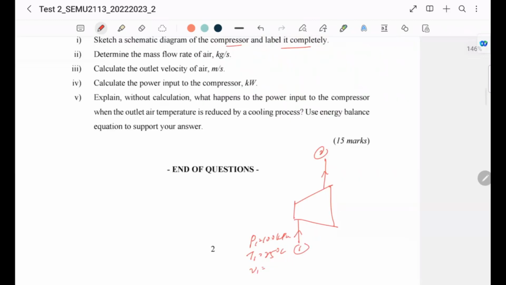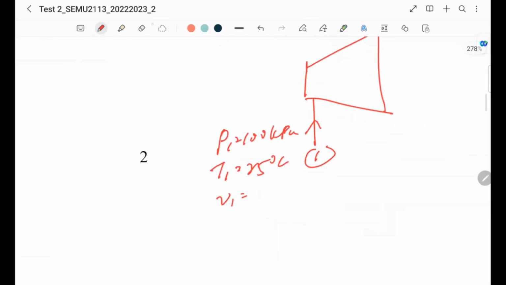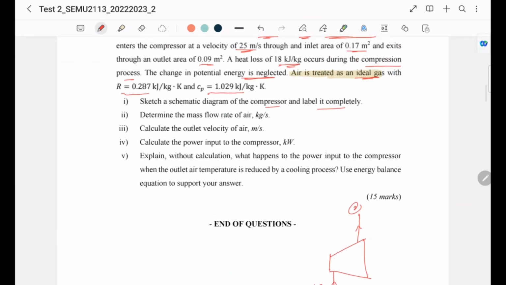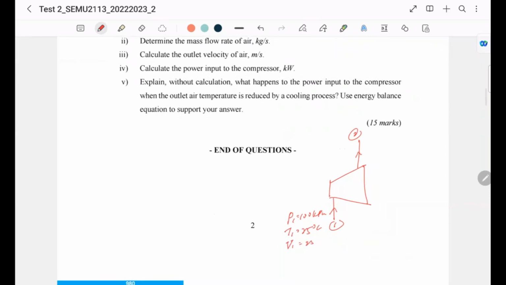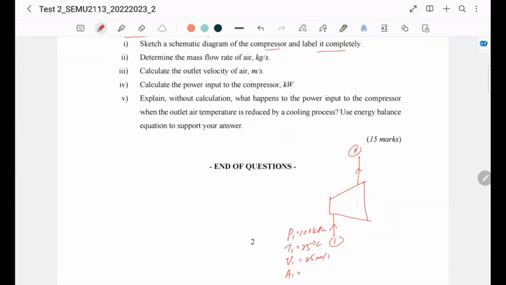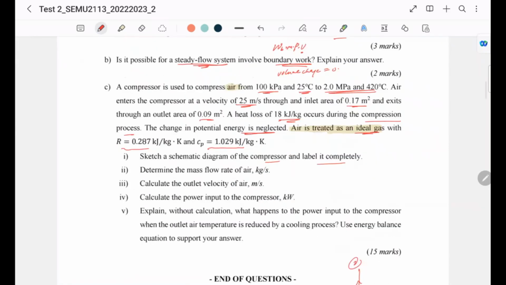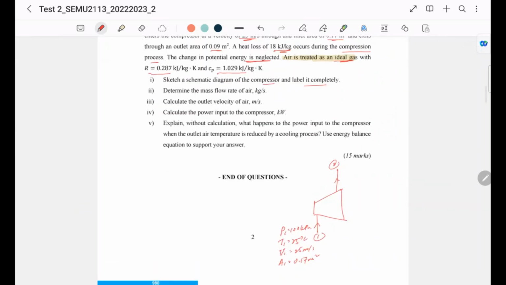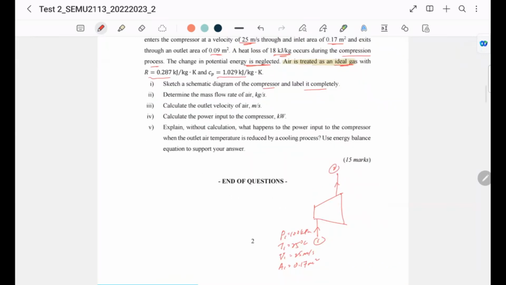Oh, sorry, it's a very bad habit to write it as a small v. It should be the straight sheriff V. 25 meters per second. Area 0.17. So this is the inlet state.